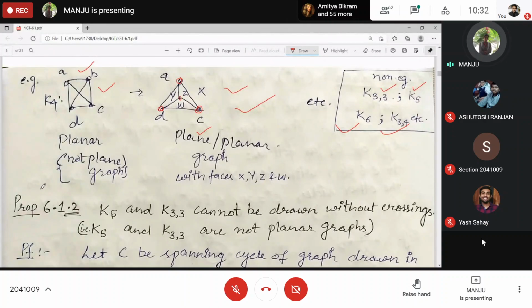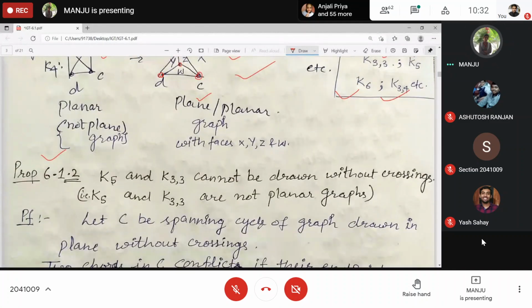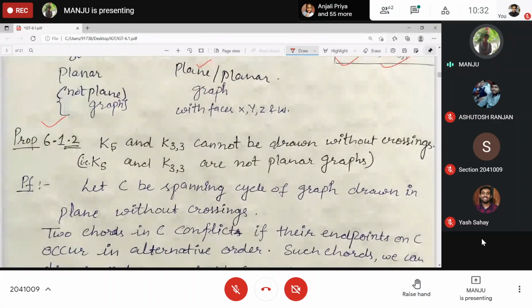Why can K5 and K33 not be drawn as a plane part? They cannot be drawn without edge crossing. By looking at the graph only, you can say it. Or in any graph, suppose K33, I'm just trying to draw K33.